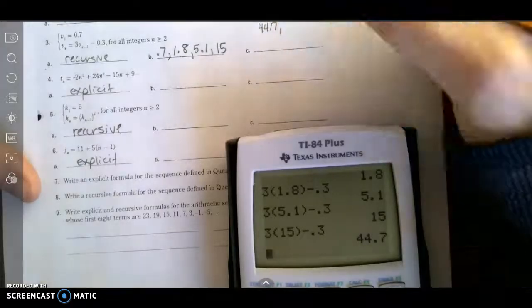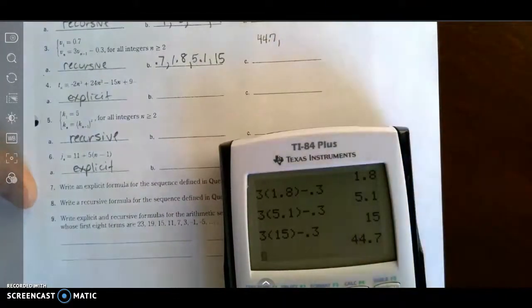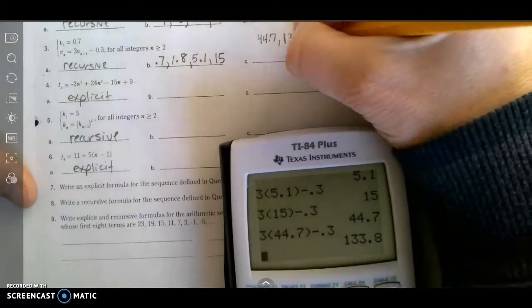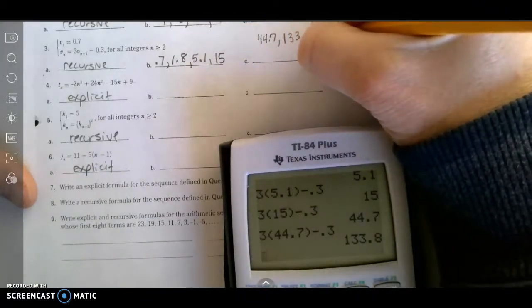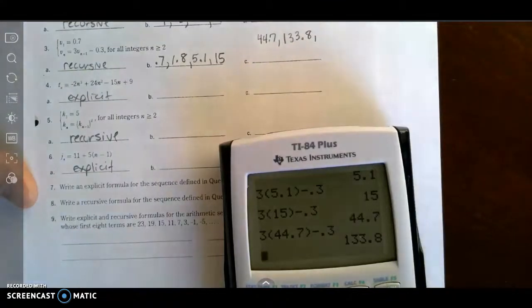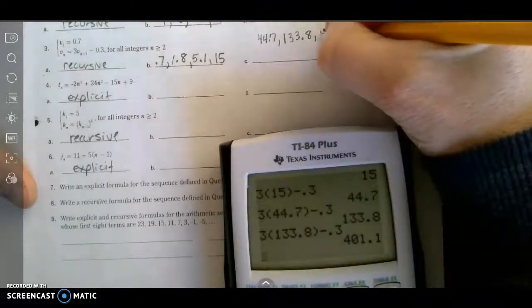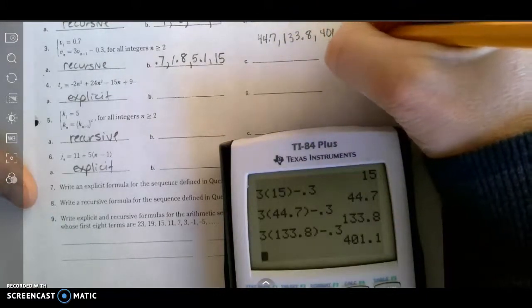I'm going to have to keep track of these on my paper. 3 times 44.7 minus 0.3, and I get 133.8. Then I'm going to take 3 times 133.8, subtract 0.3, and I get 401.1.